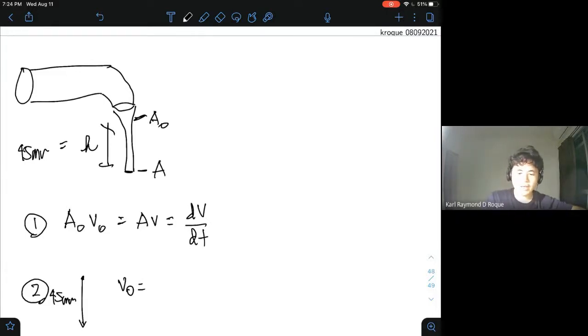Ito yung V_f squared. Itong V squared equals V naught squared plus 2gh, di ba? Naalala to?